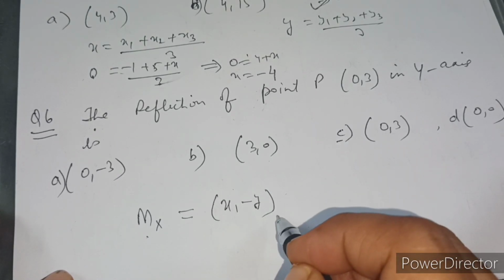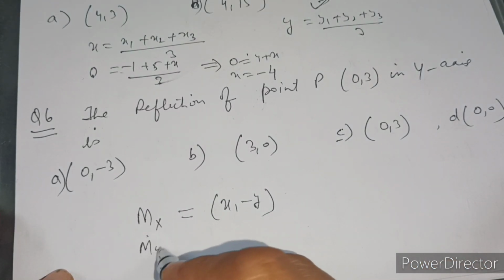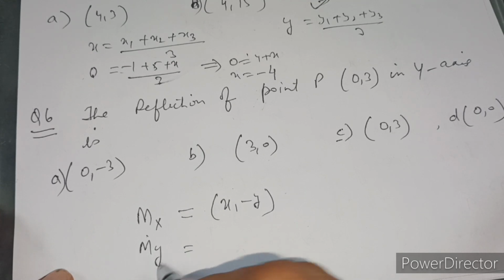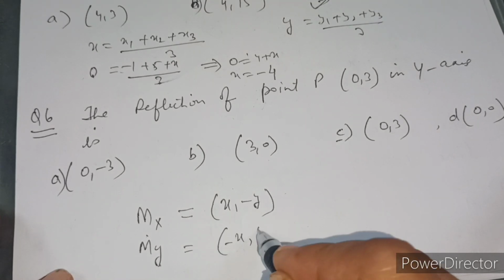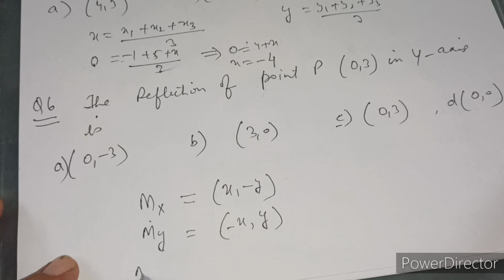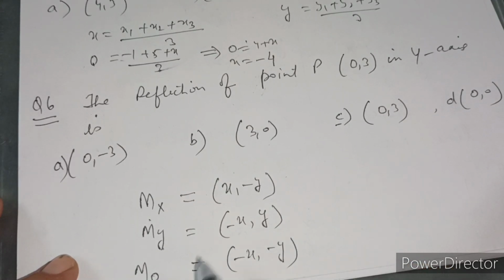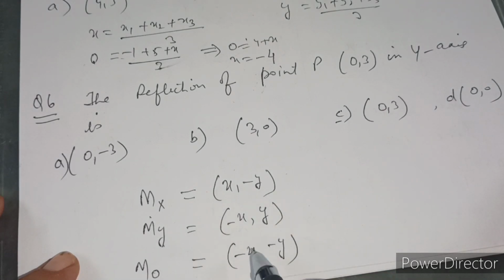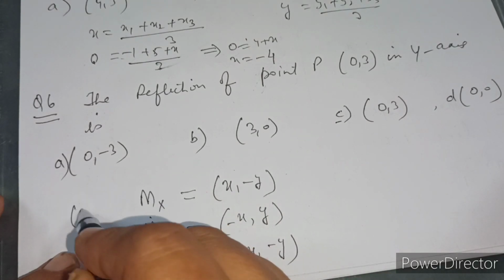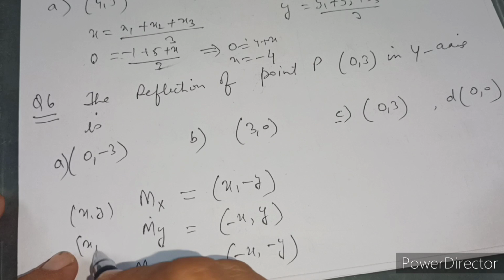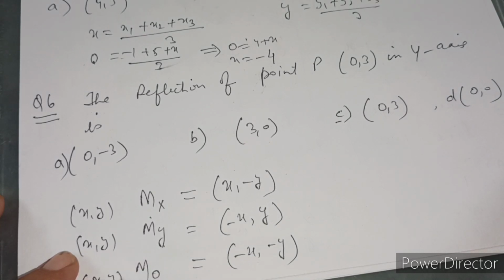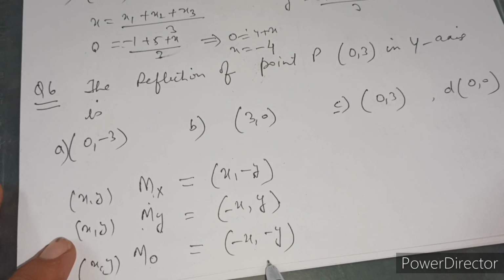Just giving you a reminder, refreshing your knowledge. If we do the reflection through the y-axis, only the sign of the x part changes, and if we reflect through the origin, then both x and y change. These are the coordinates of the image whose point is (x, y) at all three places. Okay, through the x-axis this is the answer, y-axis this is the answer, origin this is the answer.